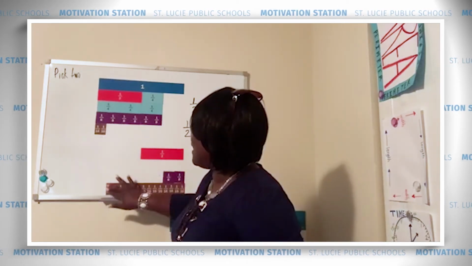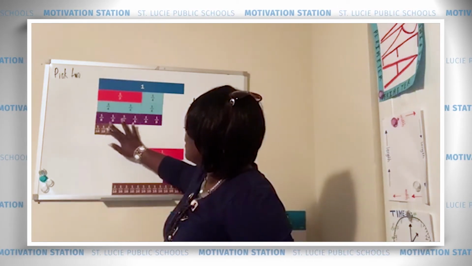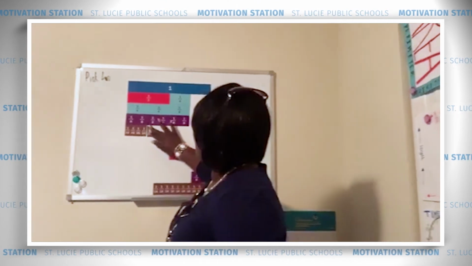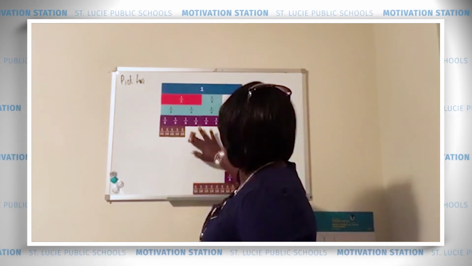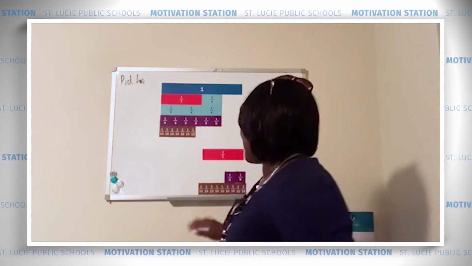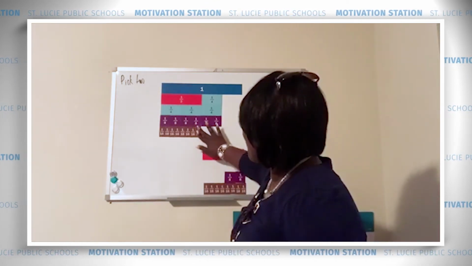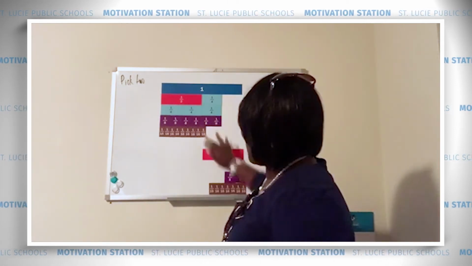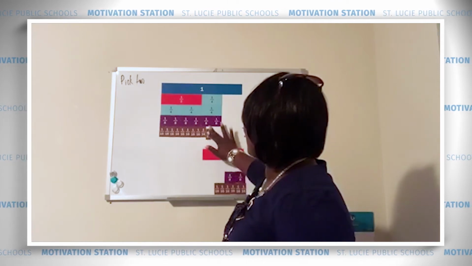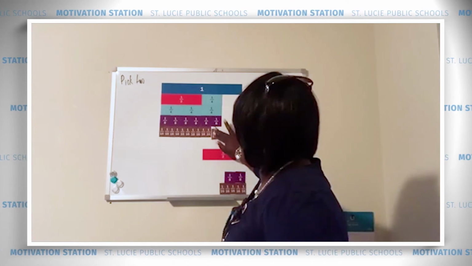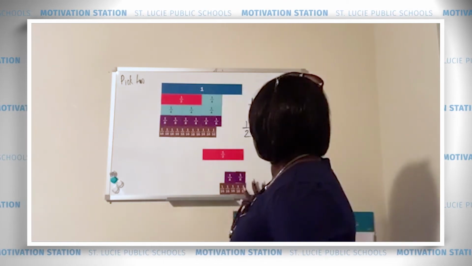So we have 2 16ths, 3 16ths, 4 16ths. Can you count with me? 5 16ths, 6 16ths, 7 16ths, 8 16ths, 9 16ths, 10 16ths, 11 16ths.